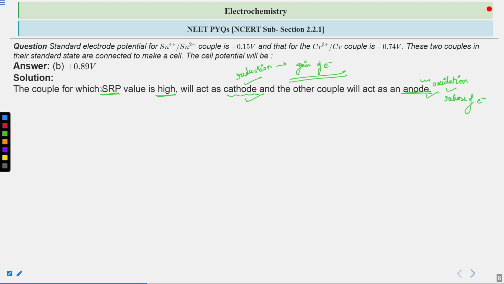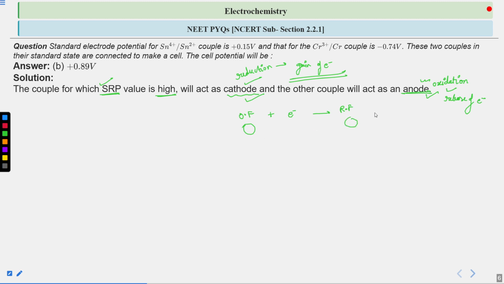Standard reduction potential, as per the electrochemical series, if you have studied the theory part in this chapter, has every reaction written in that table, and the standard reduction potential is given for that particular conversion of the ion to the reduced form. In that reaction, we take the oxidized form, add the required number of electrons to the particular ion, and then we get the reduced form of that ion.